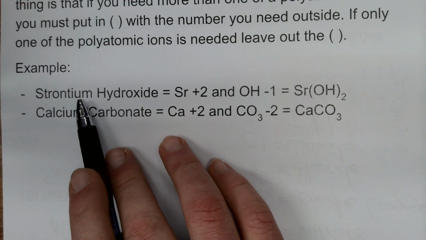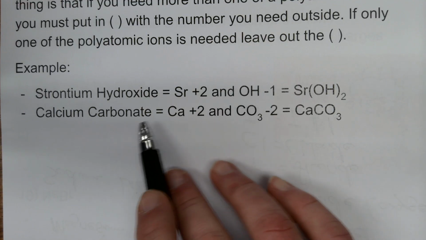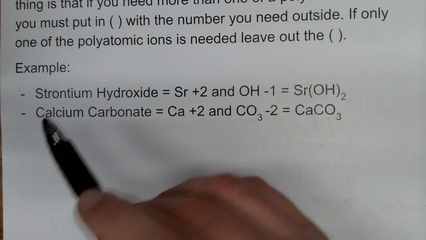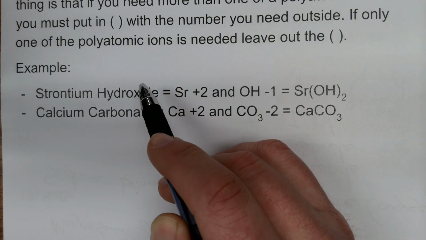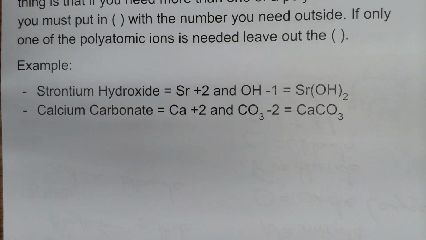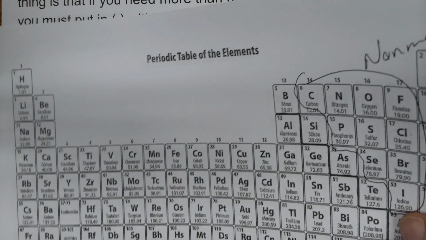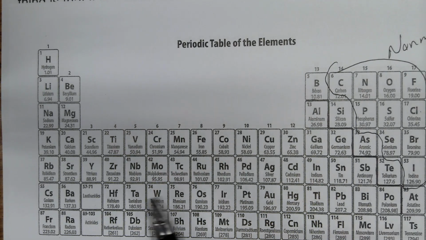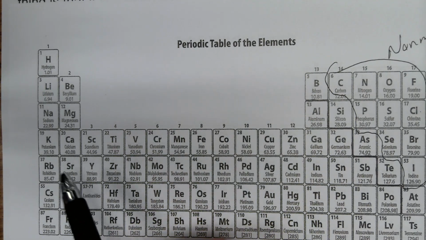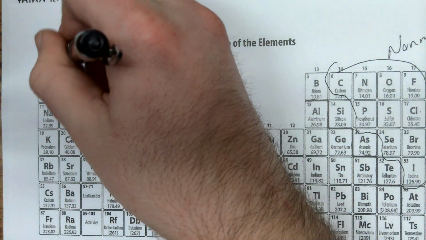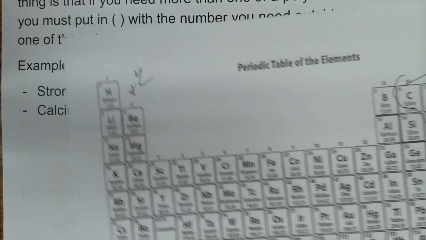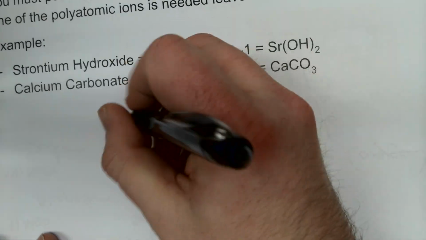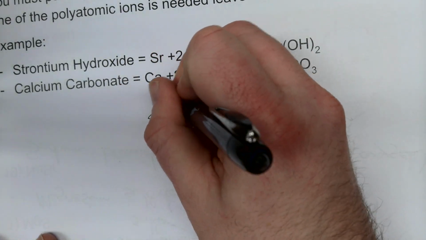I'm going to give you guys the name of a compound, such as strontium hydroxide. If I'm looking at my periodic table, I see strontium is number 38. It's in group 2, so that means it's going to give me a +2. So Sr +2.